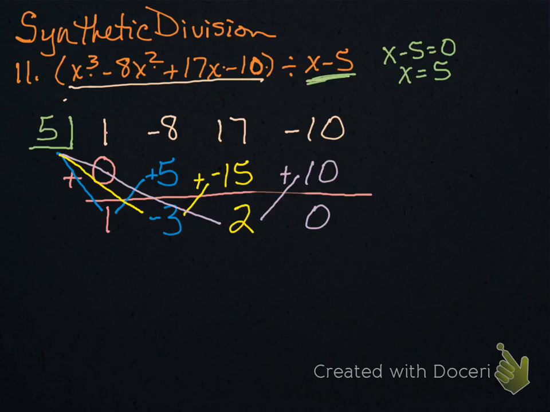Now, I'm going to start from this direction. This is my remainder. This is my constant column. This is my x. This is my x squared. Sorry.